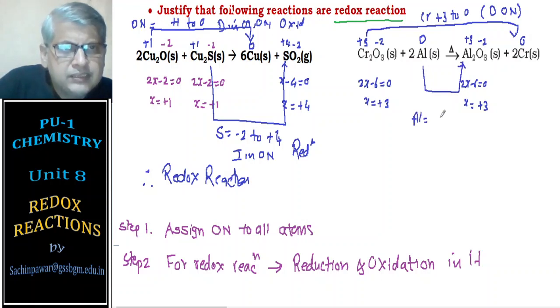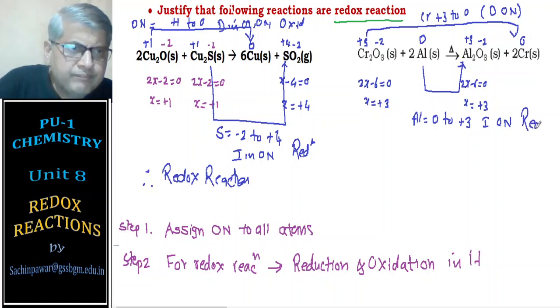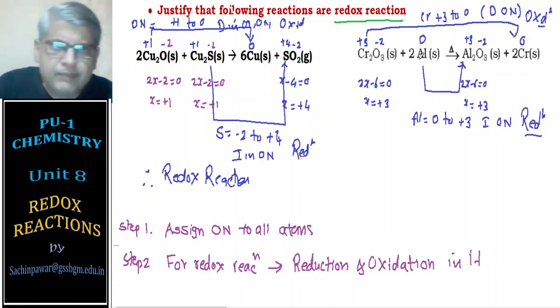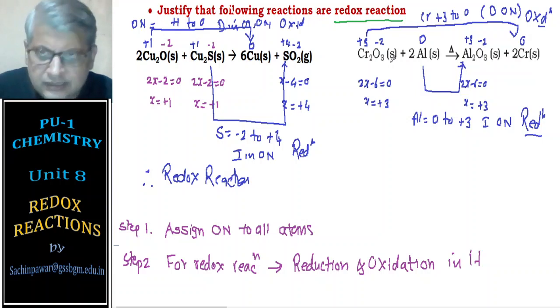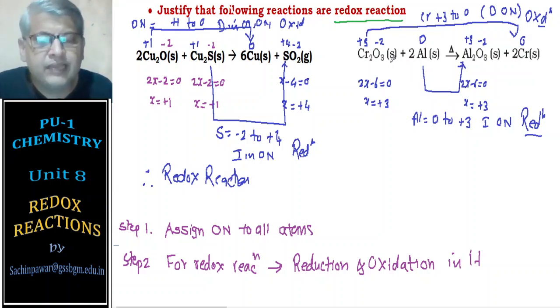Aluminium is changing from 0 to plus 3, that is an increase in oxidation number. So here there is a reduction and here there is an oxidation. Both reduction and oxidation reactions are taking place, therefore it is a redox reaction. So like this we can justify whether a particular reaction is a redox reaction or not.